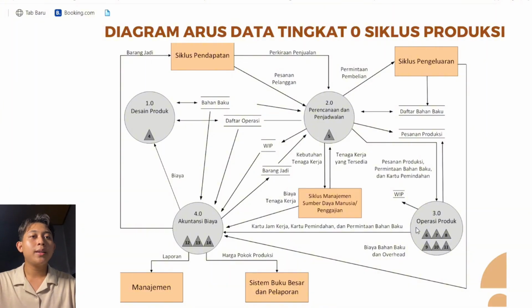This information is sent to the cost accounting department in the form of time cards, move tickets, and material requisitions. This data is used to calculate the fair share of base salaries, allowances, and overtime pay for the workers.